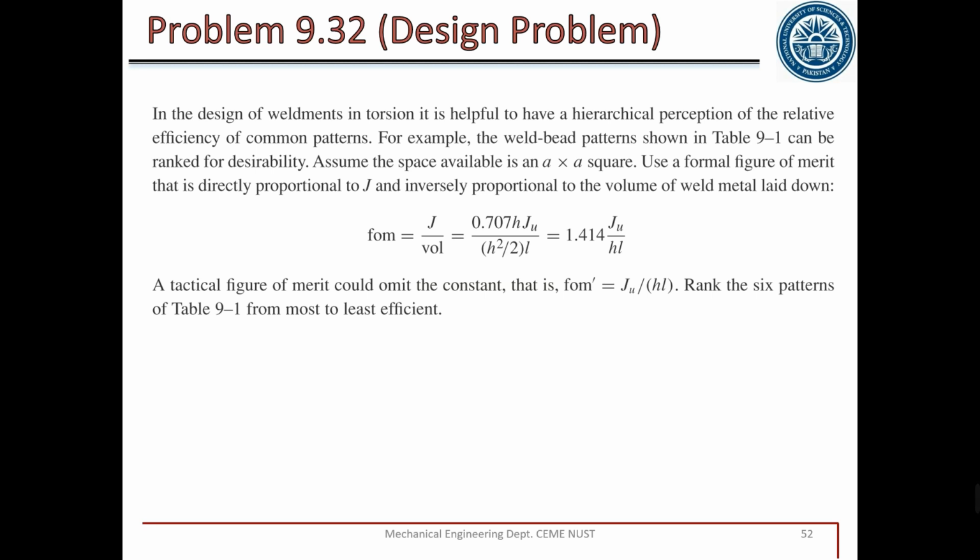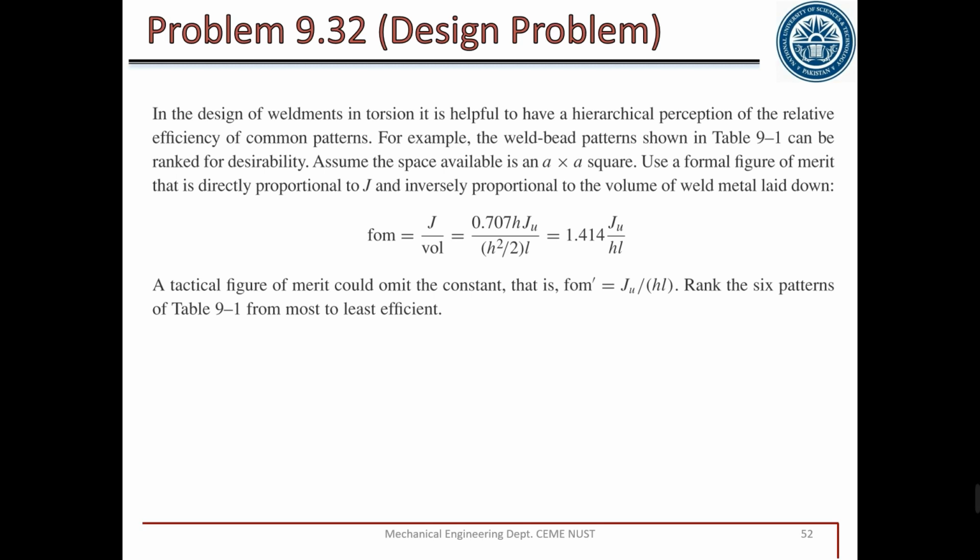These two problems are related to design problems, so you need to understand the methodology. You need to understand which weld is the best option in the case of torsion and which is the best option in the case of bending. In this example, they explained that table 9.1 is concerned with primary shear, secondary shear or torsion.